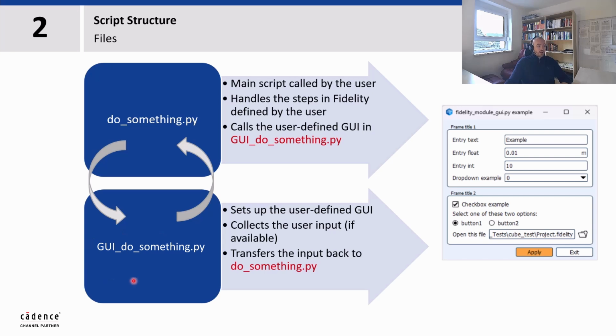And this script will also collect the input that is given by the user. So all the input that is given here is collected within this script and then transferred back to this dosomething.py in this case. I will be going into a very simple example in a minute, but this is essentially the structure that you have to keep.